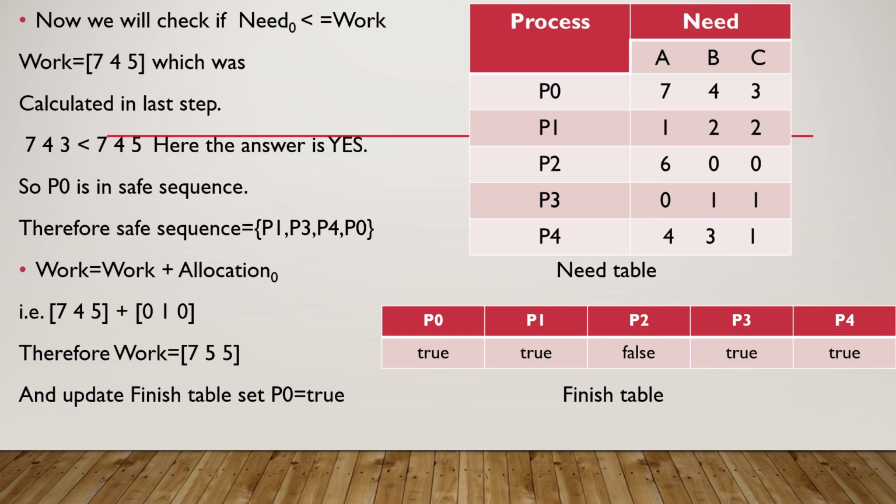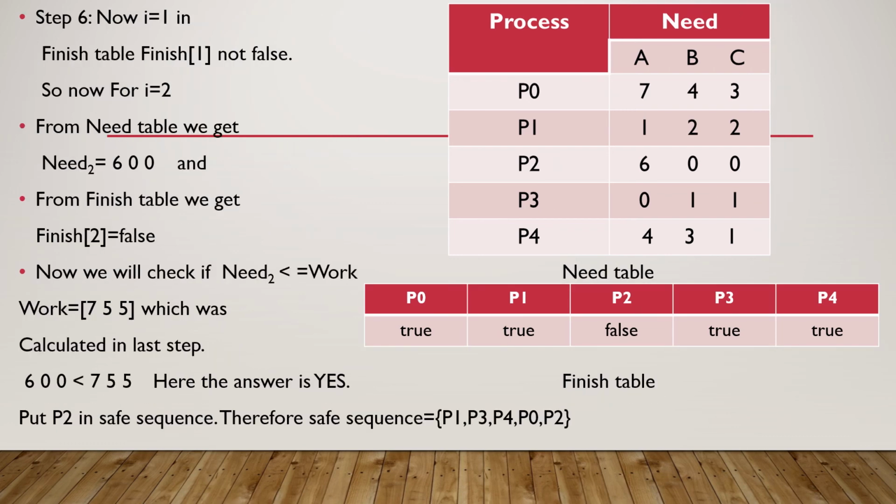And work is equal to work plus allocation of 0, that is 745 plus 010. So 010 was the allocation done to the process P0. So our work will become 755 and we will update the value for P0 to true because we have already taken P0 in the safe sequence.